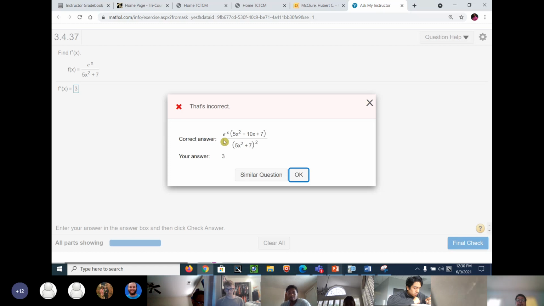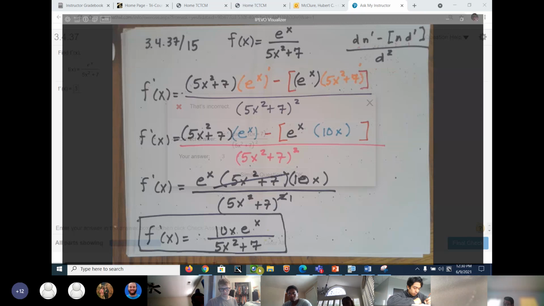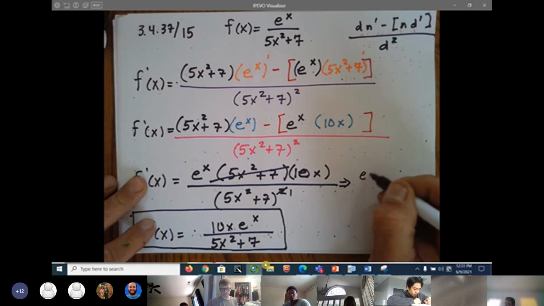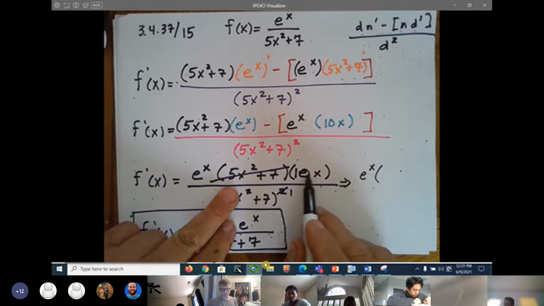e to the x, 5x squared. Okay, they distributed the 10x is what they did, and you could do that also. They went right here, and they did e to the x, e to the x, and then they multiplied that in there.